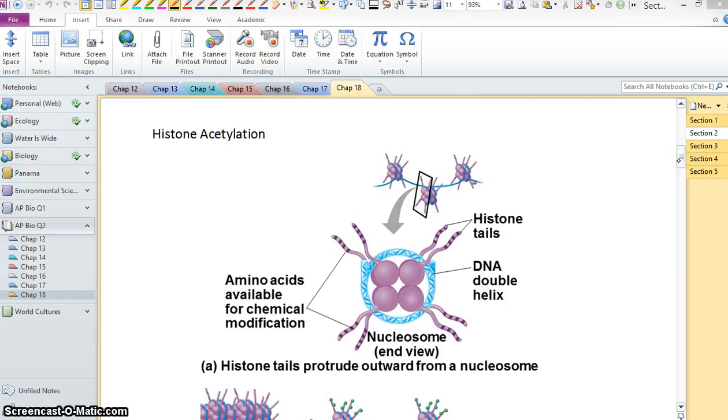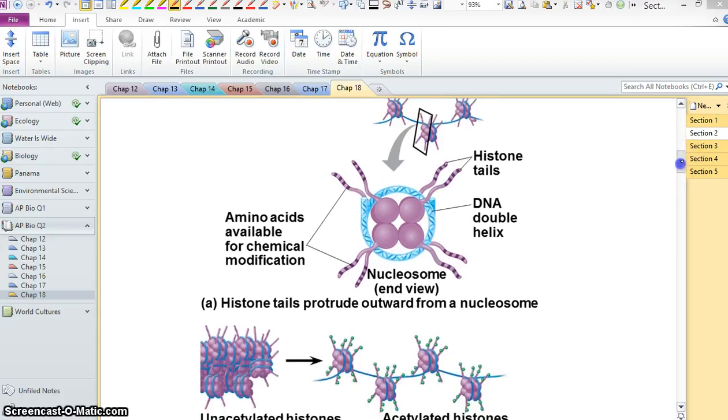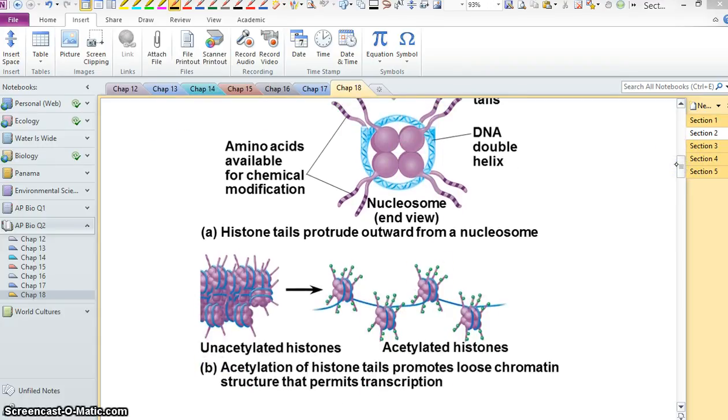So first, to make the DNA more accessible for transcription, you can do what's called histone acetylation. You remember histones are the proteins that DNA is wrapped around, and they form these things called nucleosomes. And the histones have these little tails that stick off the side. And if you add acetyl groups to them, that keeps the DNA from clumping together, from condensing.